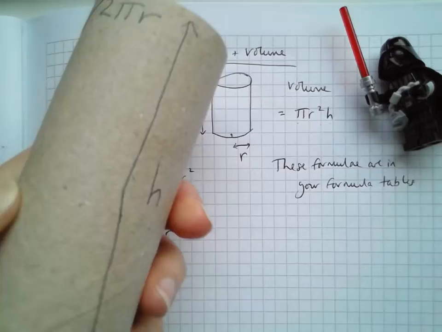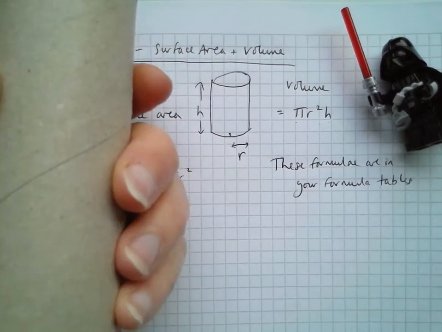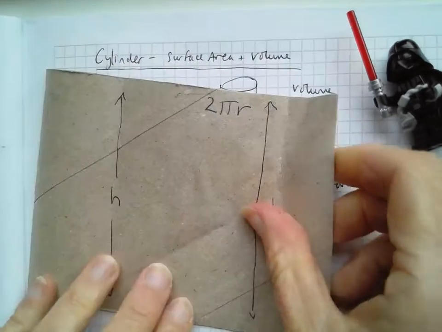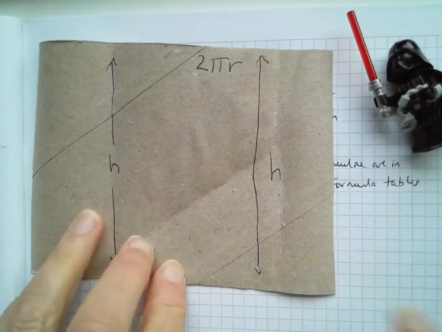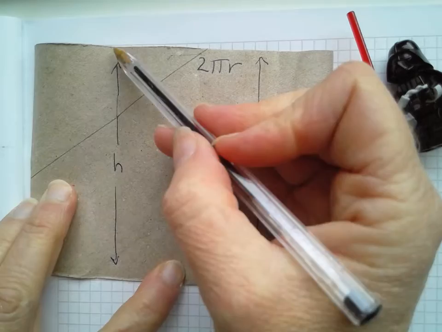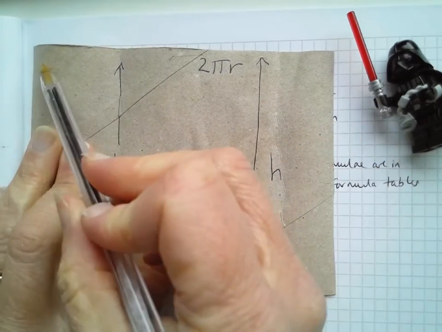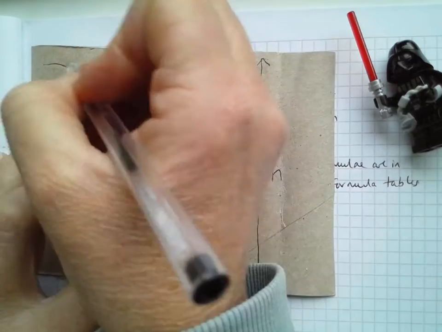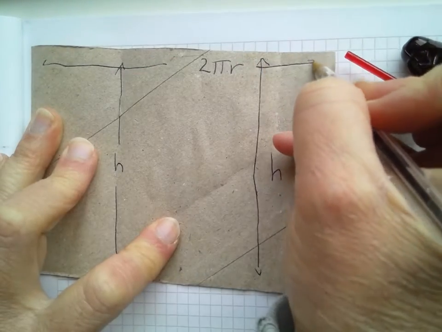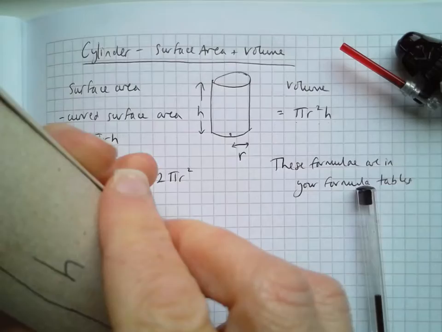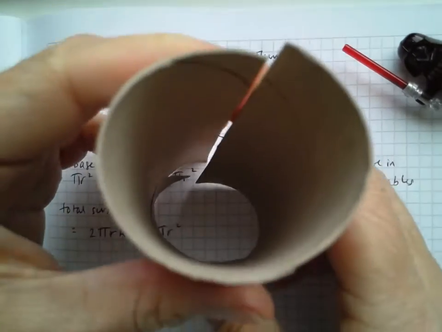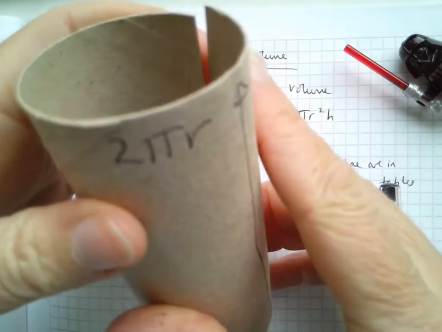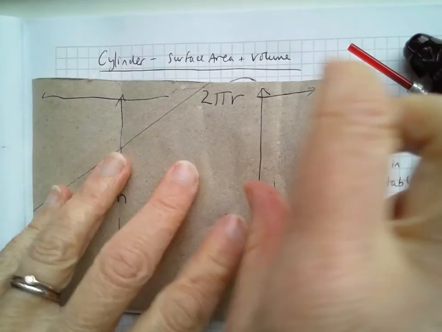If I was to cut this cylinder up, what we have is a rectangle. This rectangle has a height of h and a length of 2 pi r, because remember that was the circumference of the circle. When it's unrolled it's just a straight line, 2 pi r.